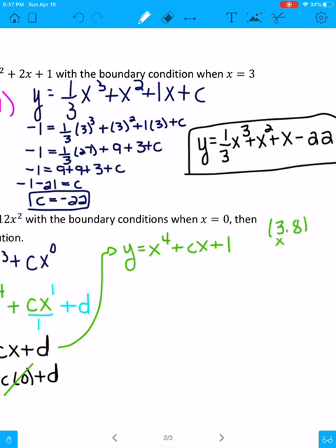So that's x, y, and I'm going to use those to solve for c. So I'm going to get 8 equals 3 to the 4 plus c times 3 plus 1. So 8 equals 81 plus 3c plus 1. So I subtract 82 over.